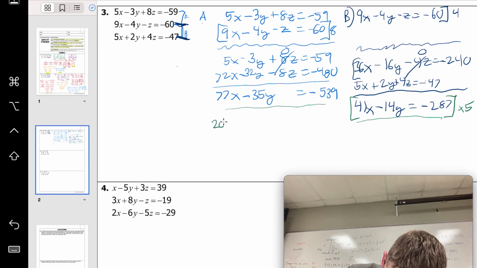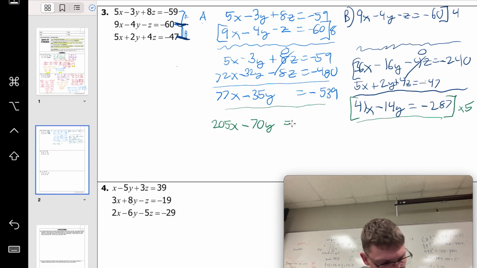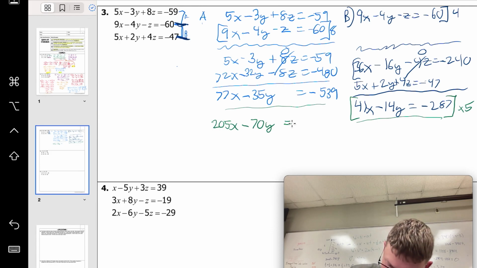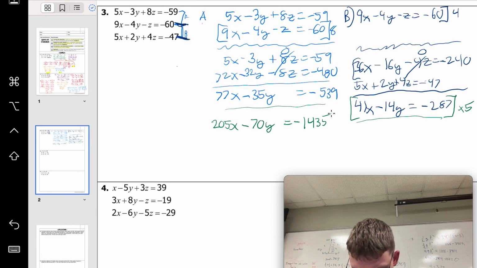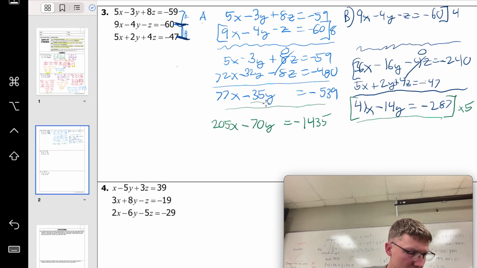So we're going to have 205x minus 5 times 14, 70y equals 5 times negative 287, which is a big ol' number. So, okay, we've got 70y, and it turns out if we divide that 70 by 35, I think that's like, what, 2?